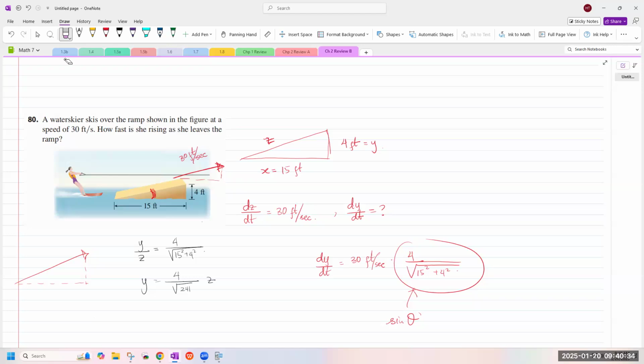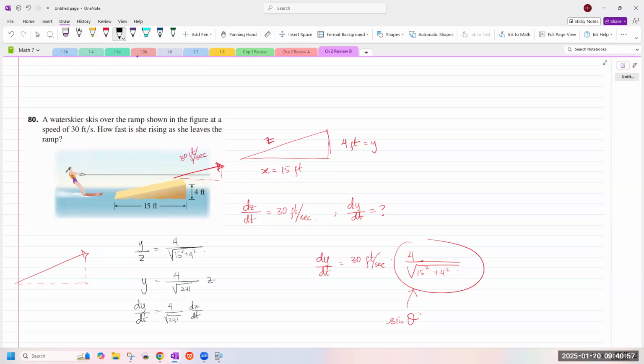This 4 over square root of 241 is the sine value of the angle. We don't need to worry about the angle actually though. So dy/dt equals 4 over square root of 241 times dc/dt.